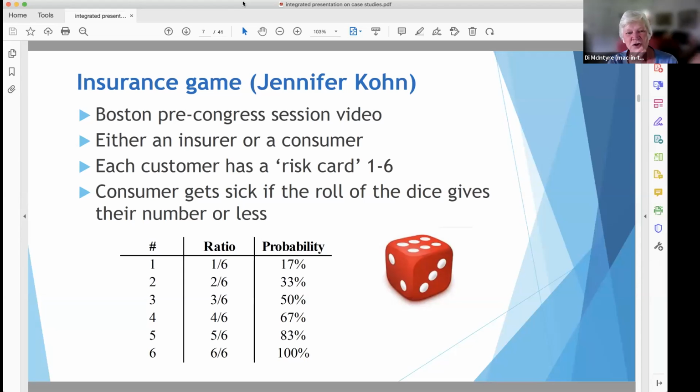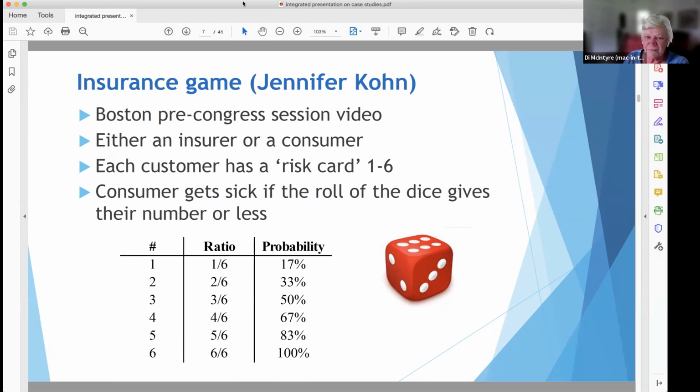And students, the learners in the class, some of them will be classified as insurers, and some of them will be consumers or customers. Those that are customers will each get a card handed to them, and on it will have a number from 1 to 6, and that indicates your health status or your risk of getting ill.